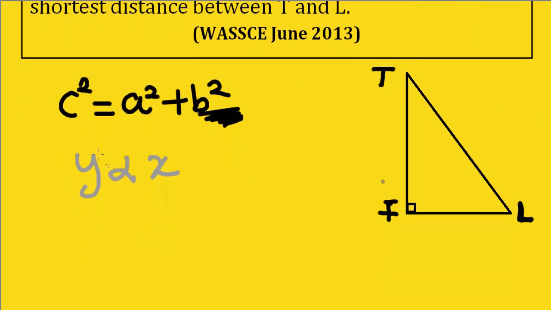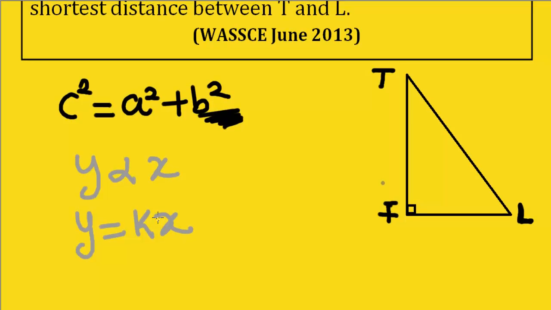If you have y directly proportional to x, to introduce a constant of proportionality, the next step is to say y is equal to k times x. I don't want to go into the reasons for this, because it is something you covered in lessons, and if a question comes up relating to this, I'll explain it there.